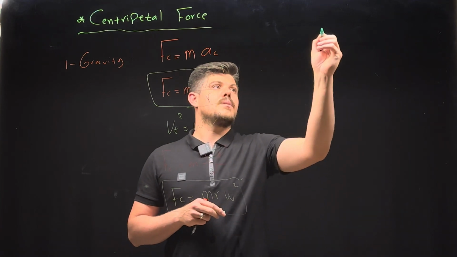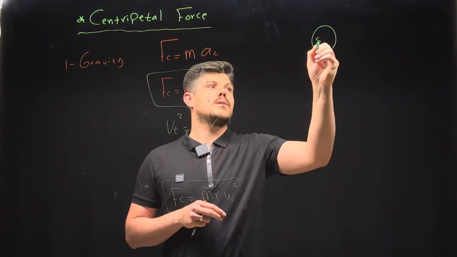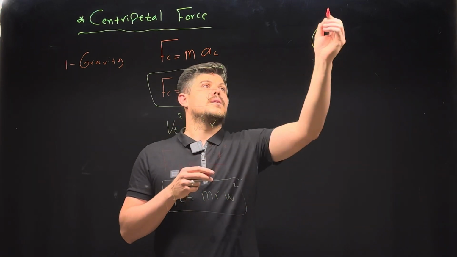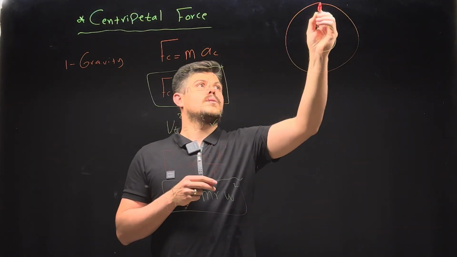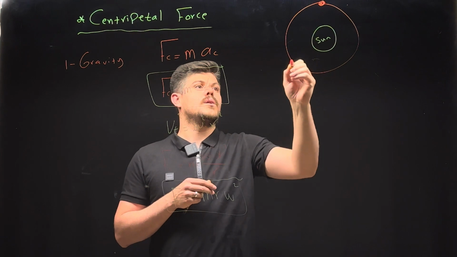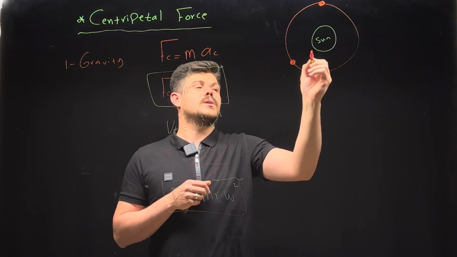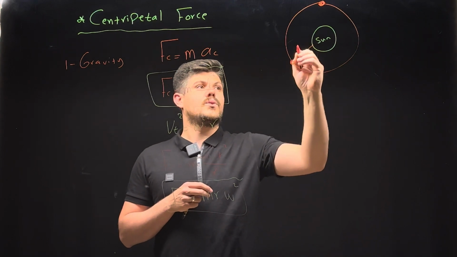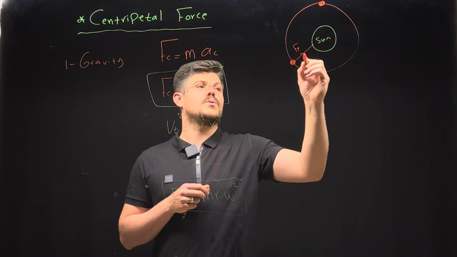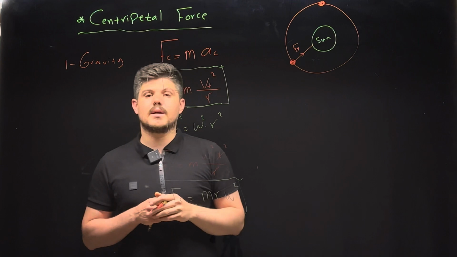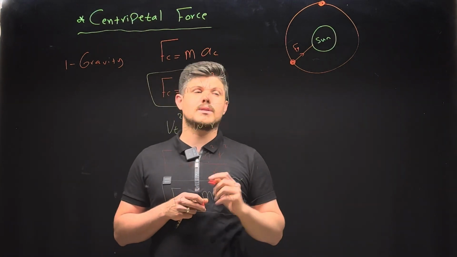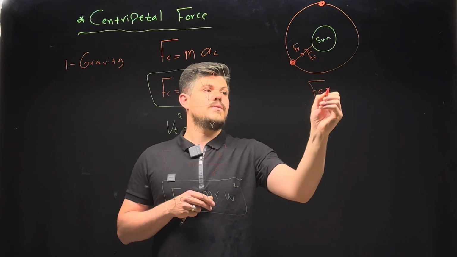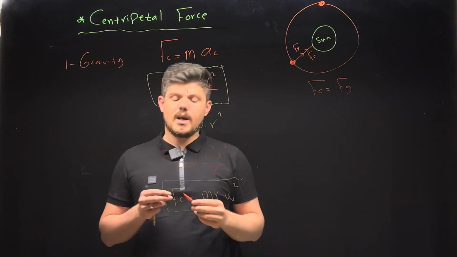Assume that this is the Sun, and Earth is moving or orbiting around the Sun in a circular path. The force provided by the gravitational force is the centripetal force. So you can say Fc is equal to Fg.